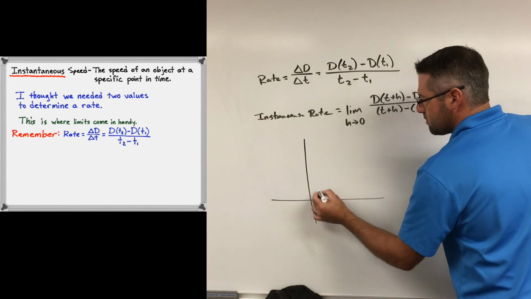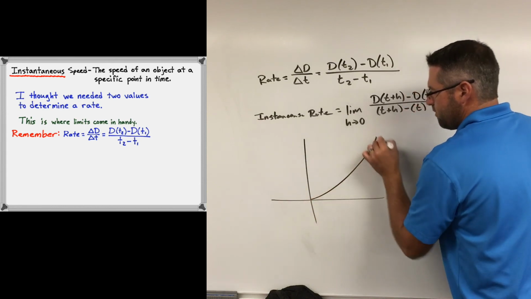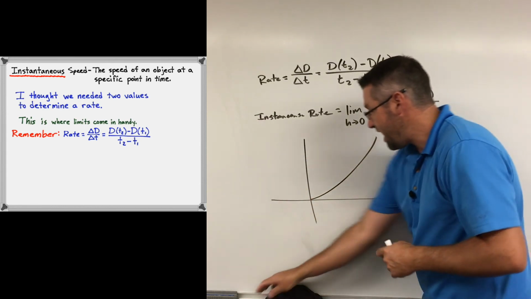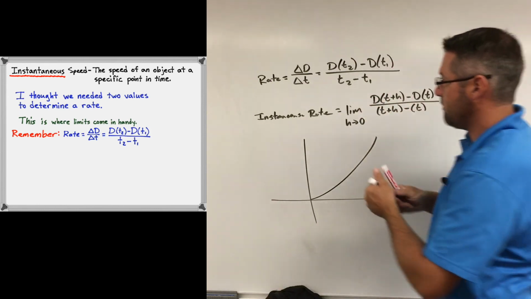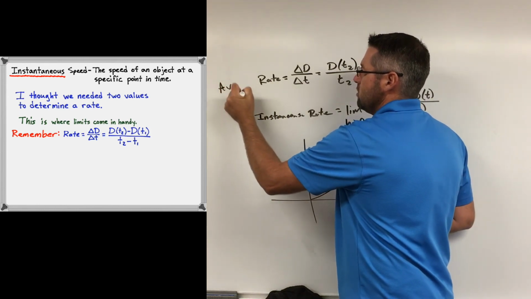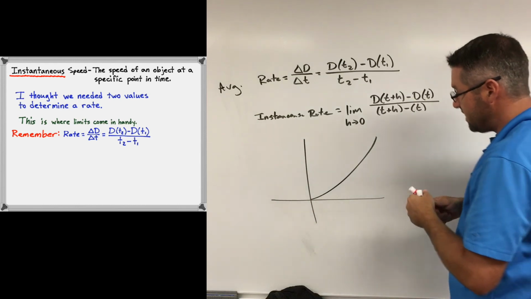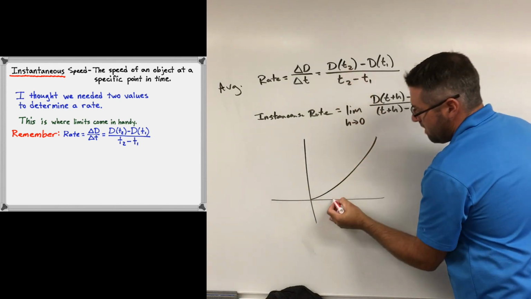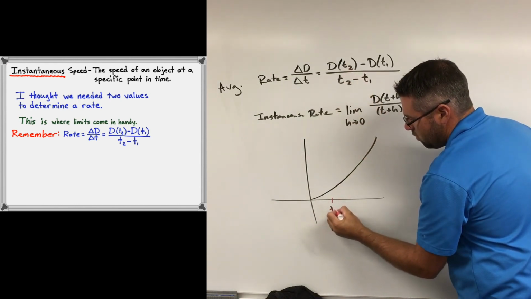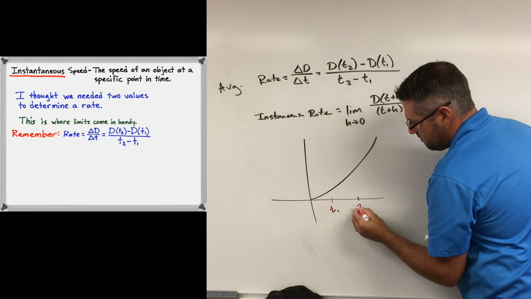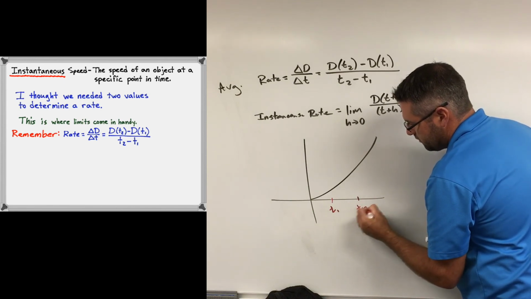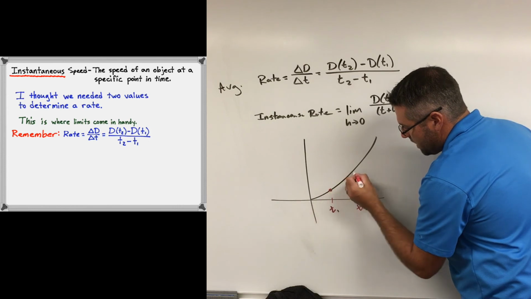Normally, here's my curve. If I want to find the average rate, this is average rate. Let me go ahead and write this down. If I want to find the average rate, I take my first time, time 1, and my second time, time 2, and I evaluate those points.